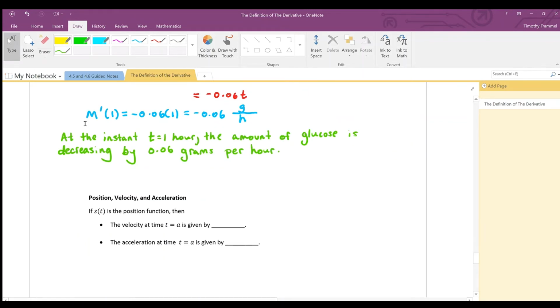Let's go ahead and take a look at another application to instantaneous rate of change. And specifically, we're going to be looking at the relationship between the position, the velocity, and the acceleration. Okay. So if s of t is the position function, then the velocity at time t equals a is given by s prime of a.